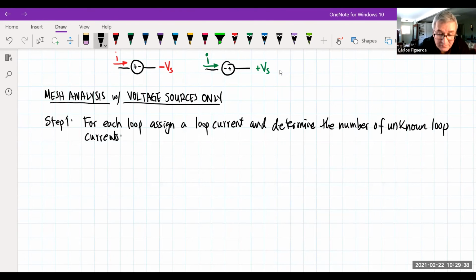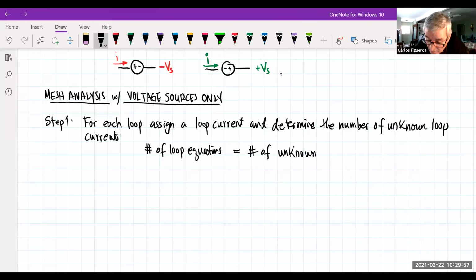And what we find here is that this tells us that the number of loop equations is then going to be equal to the number of unknown loop currents.